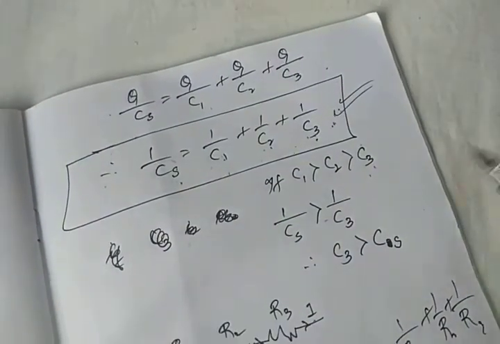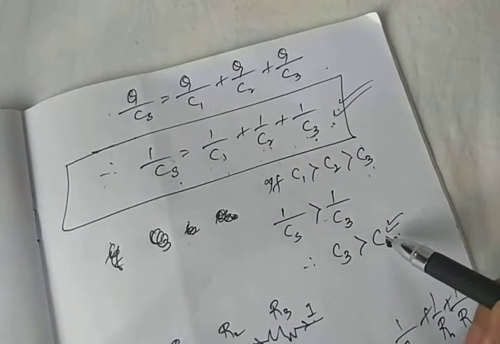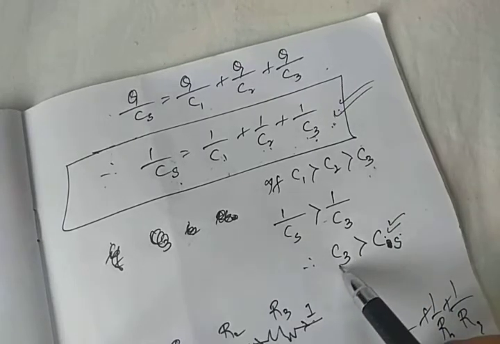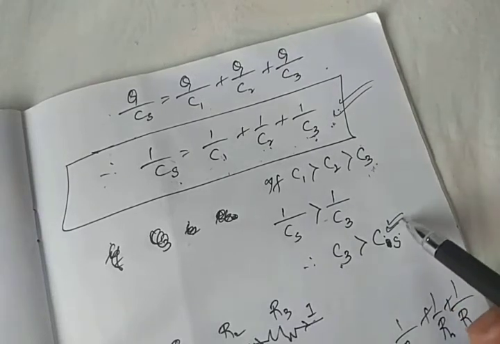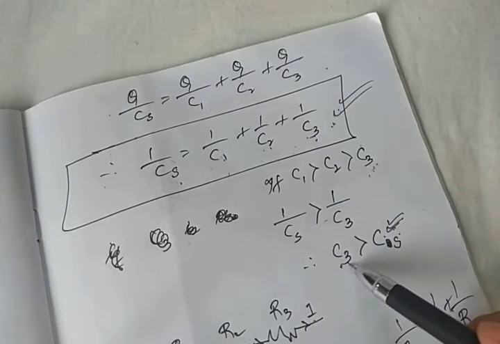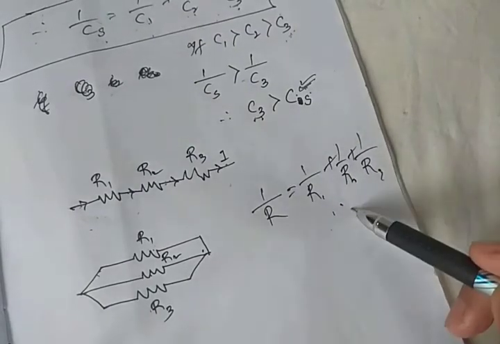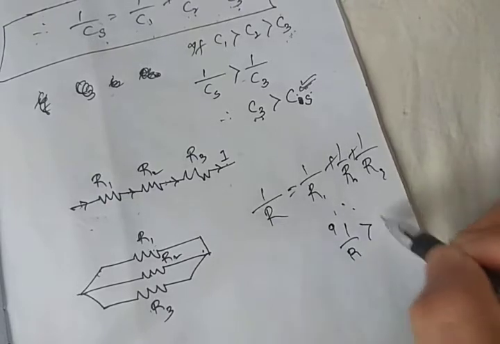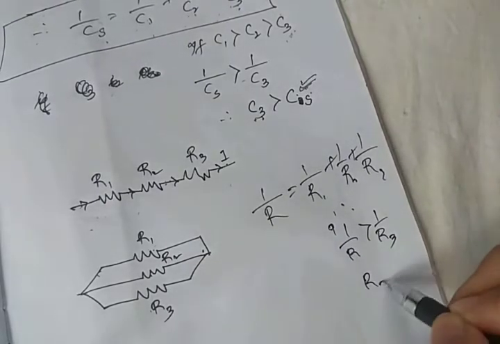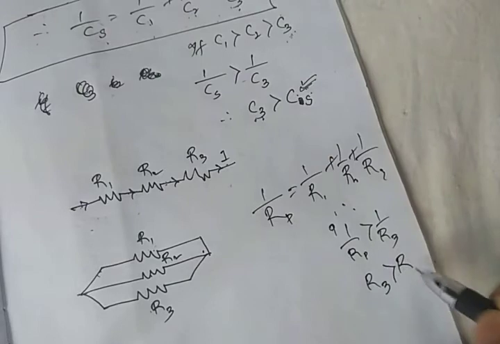So what we get to see is, in series combination, the equivalent capacitance is smaller than the smallest capacitance that we had. It is smaller than C3 also. C3 was the smallest, so the equivalent capacitance of series is smaller than the smallest value of capacitance that we have. This is the same when we speak about parallel combination of resistors. If R3 is the smallest, then 1 by R is greater than 1 by R3, so R3 is greater than R, let me call it RP.